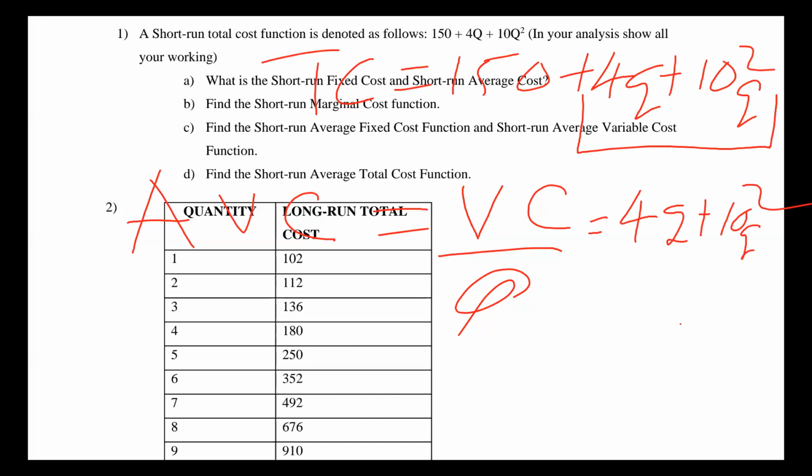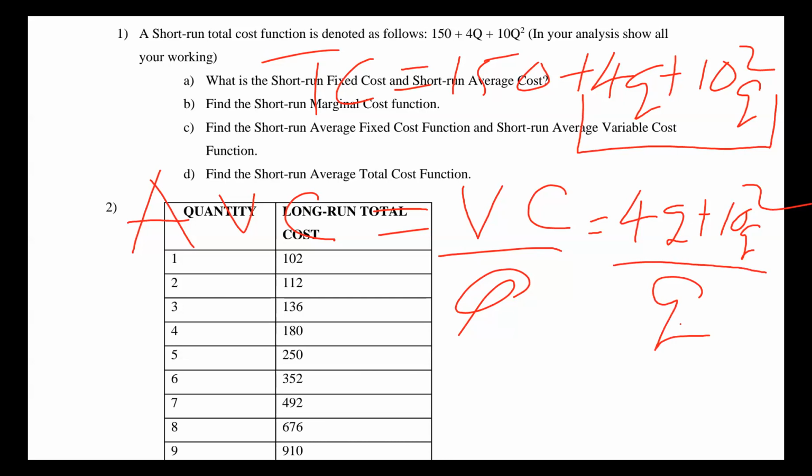So the variable cost function is given as 4q plus 10q squared, and we divide that by output raised to the power 1. The denominator q applies to both 4q and 10q squared.